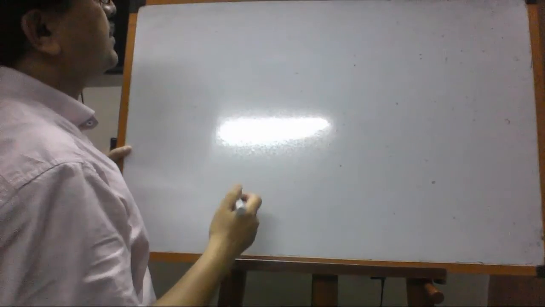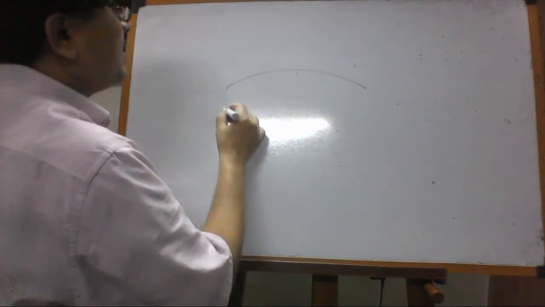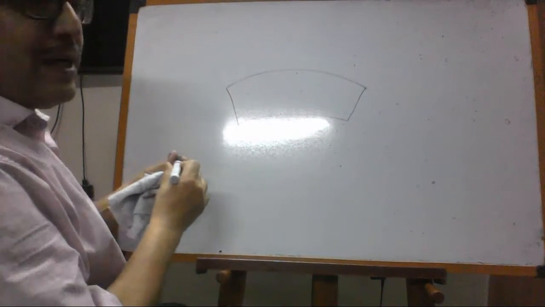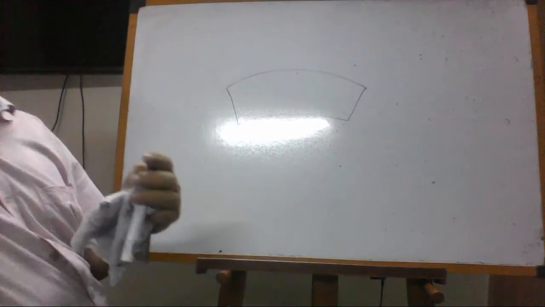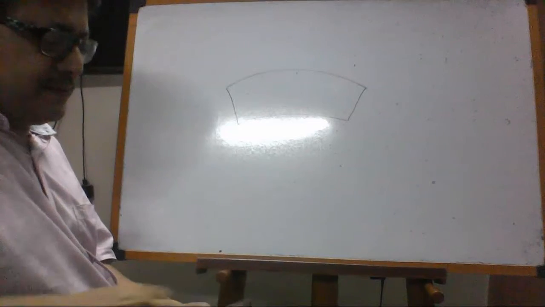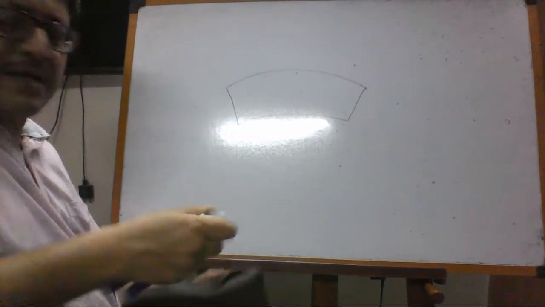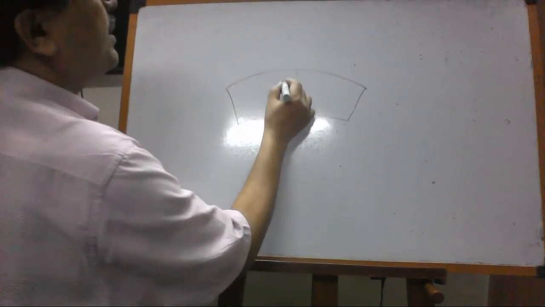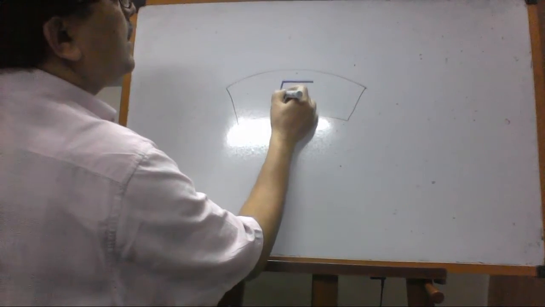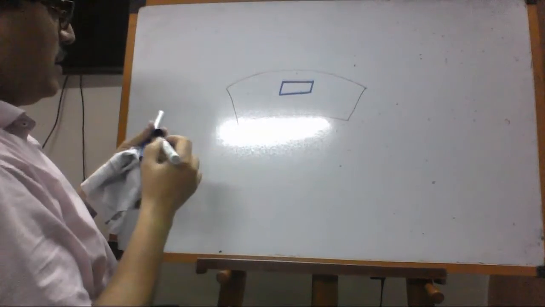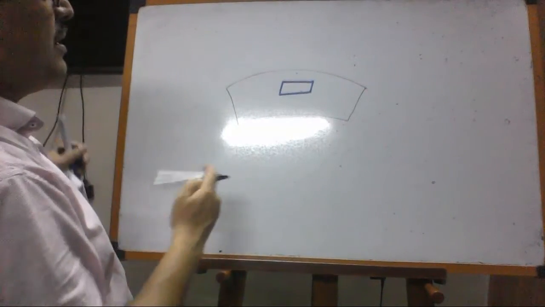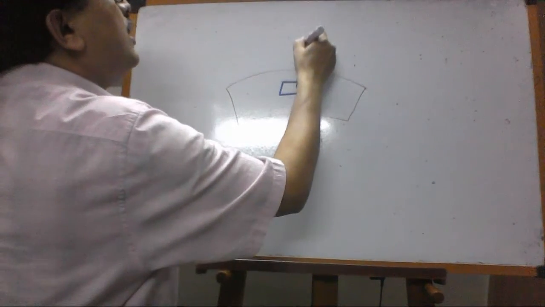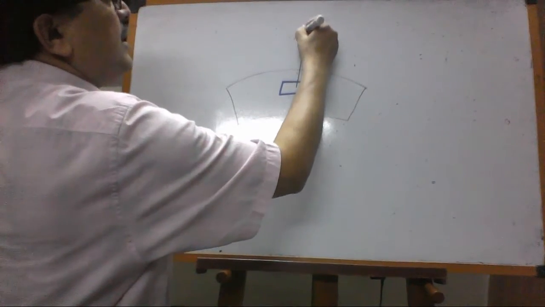Now, if I take a surface in this manner and want to calculate the number of lines of forces passing through a small area, then we should remember the definition of electric field, that number of lines of forces passing through a unit area held at the point.